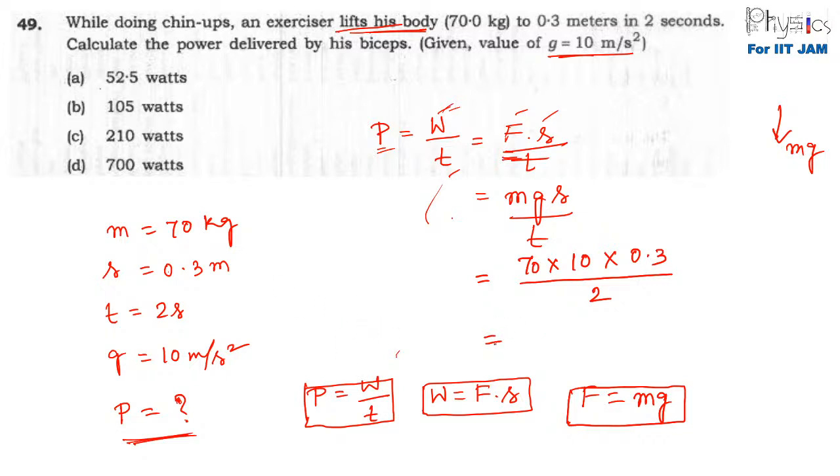If we calculate it, see, 10 times 0.3, that means 3. 3 times 70, that means 210 by 2, that is 105 watt. So the correct answer is option B, 105 watts. This is our correct answer.